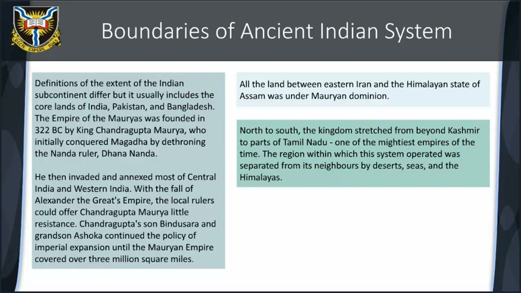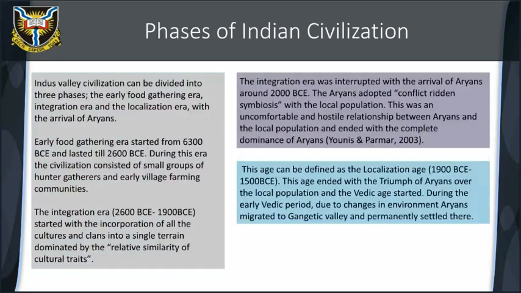North to south, the kingdom stretched from beyond Kashmir to part of Tamil Nadu, one of the mightiest empires of the time. The region within which this system operated was separated from its neighbors by deserts, seas, and the Himalayas.